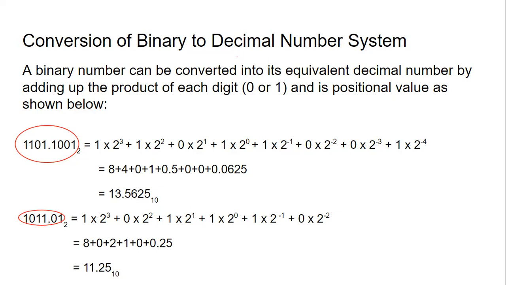So for example, we will take the second example also. 1 into 2 raised to the power of 3, 0 into 2 raised to the power of 2, very good.